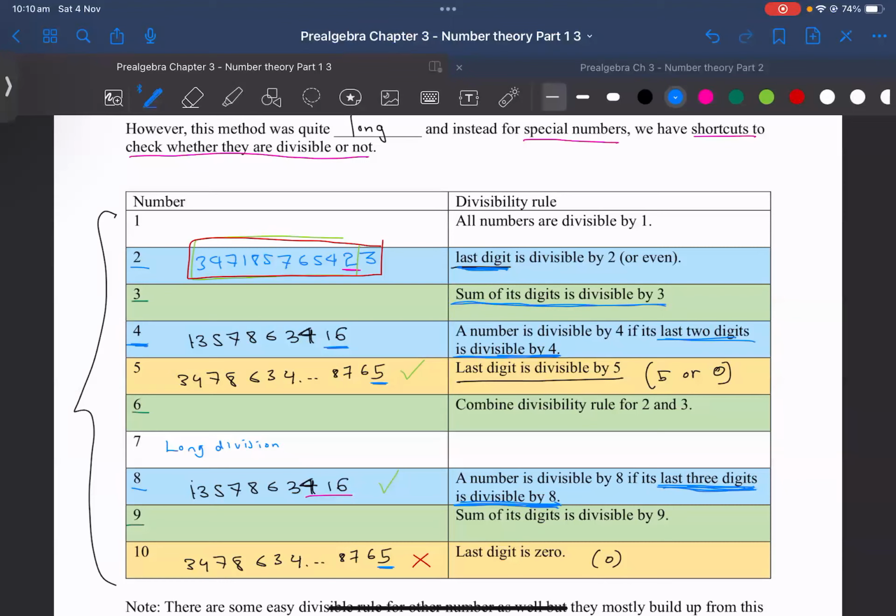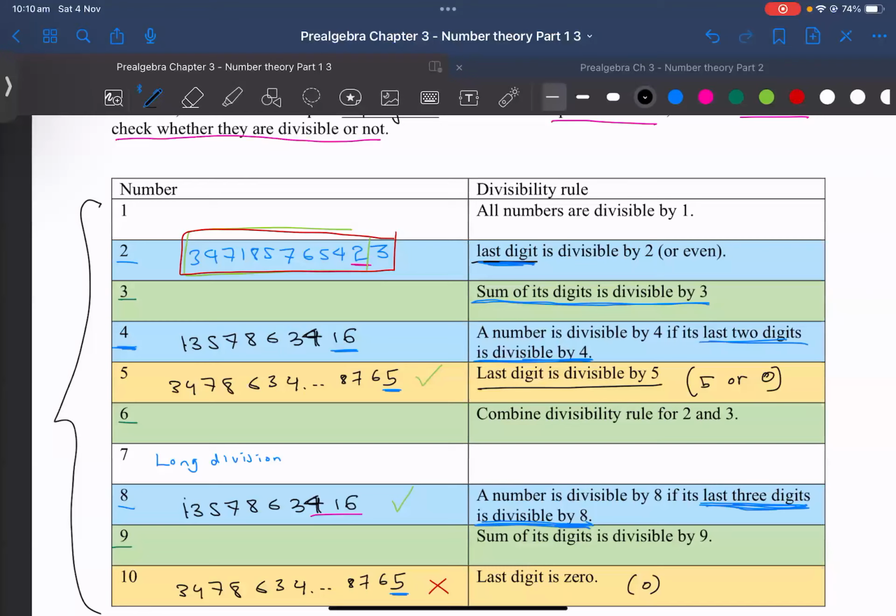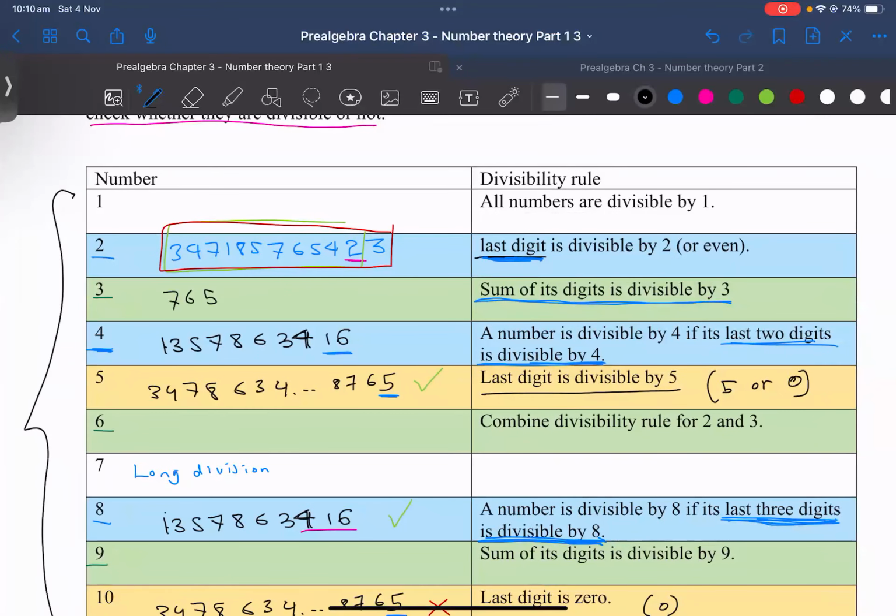Does this sentence make sense? You just add up the numbers within.